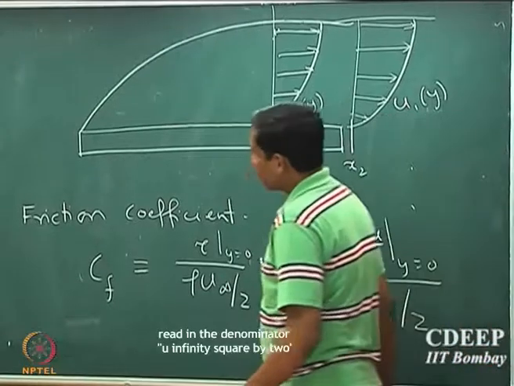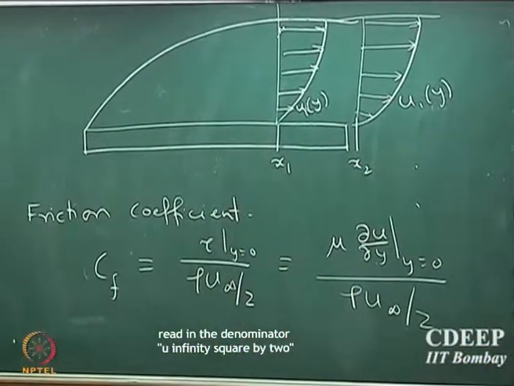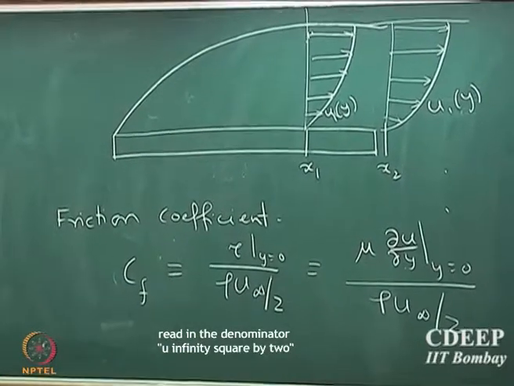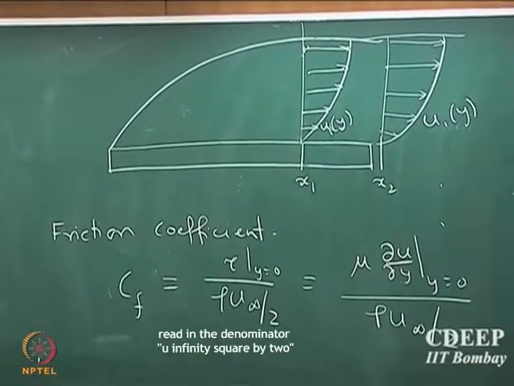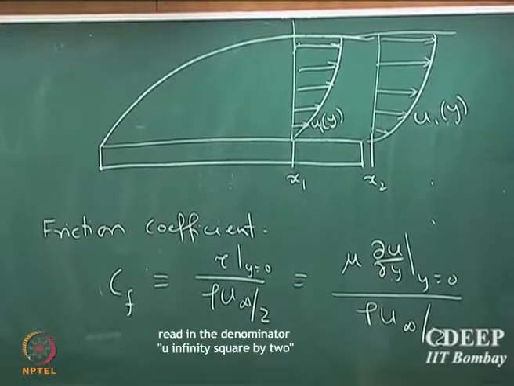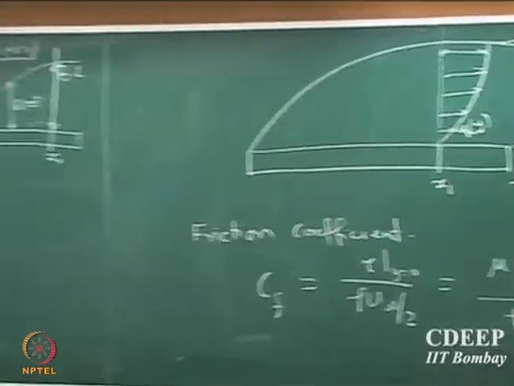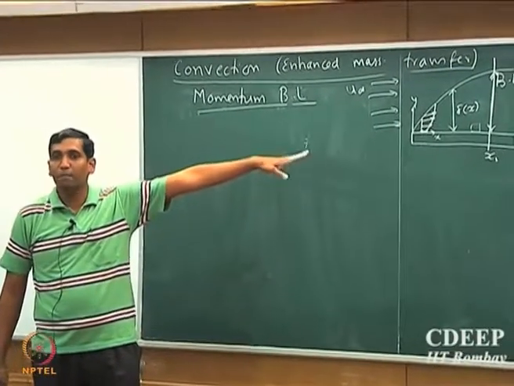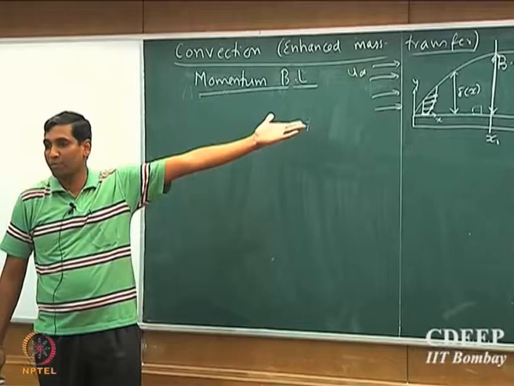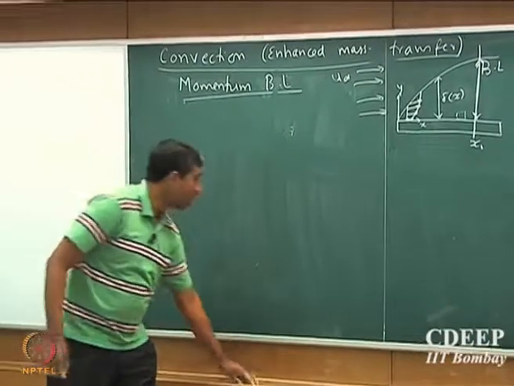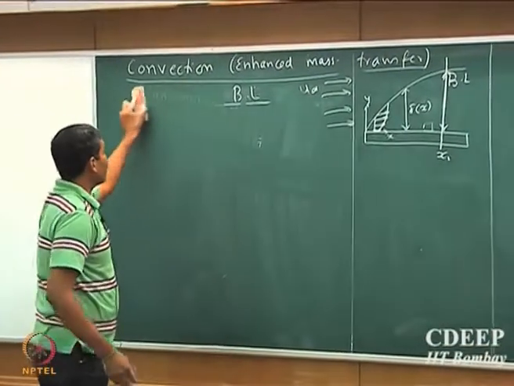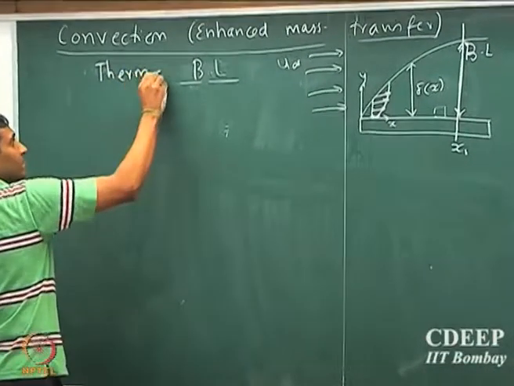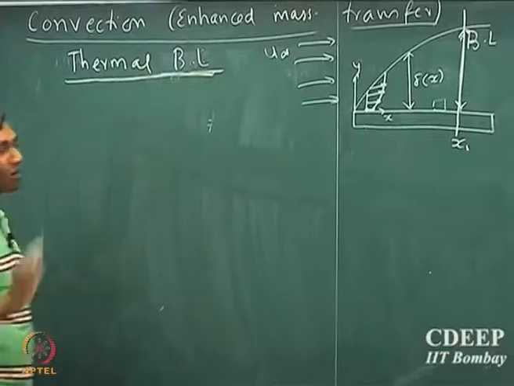Now similarly, very similar to the momentum boundary layer, if we want to characterize heat and mass transport in the boundary layer, note that near the interface of these two phases, it is the boundary layer which is controlling all the transport processes. Therefore there has to be something called a thermal boundary layer very close to the interface.